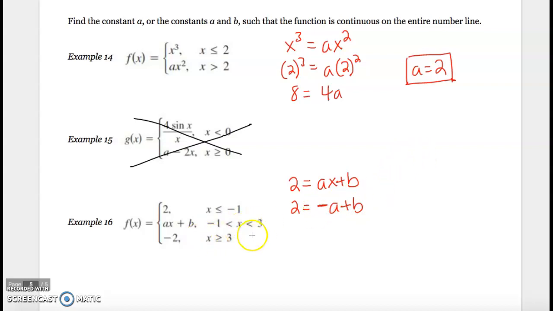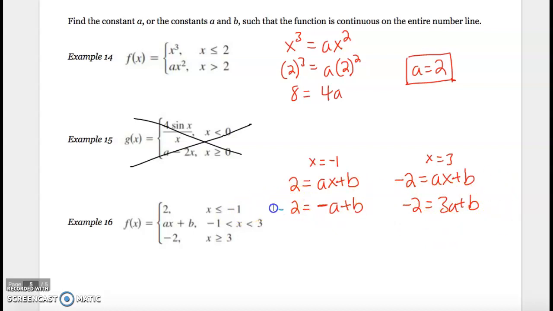And then the other breaking point I have to look out for is that when x is 3, I need my middle function to equal my bottom function. So I would have -2 equals ax plus b. But remember, the first one was for the breaking point of -1. This one's going to be for the breaking point of 3, so now I'm going to plug in 3 over here. This one's a little bit tricky because I technically have a system of equations now, right?